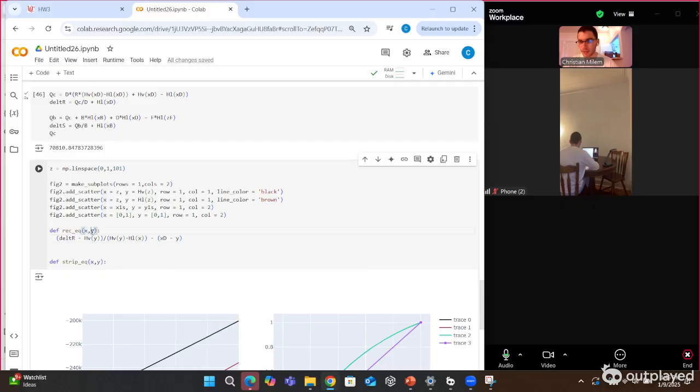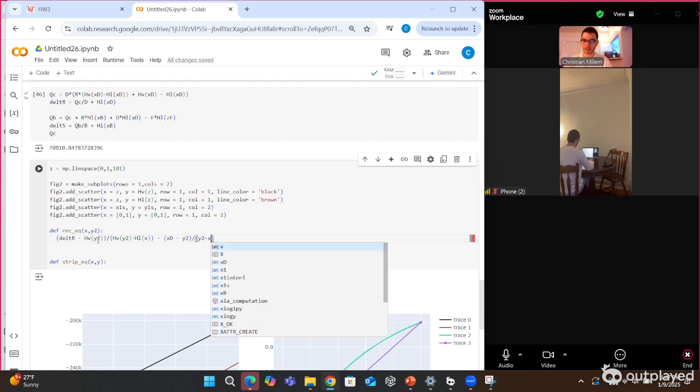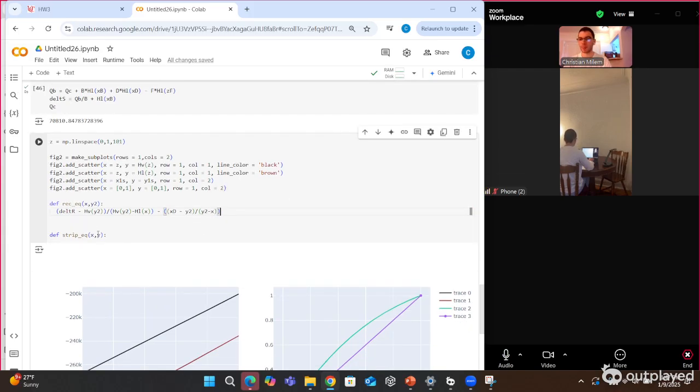We'll call it x and... No, we'll just leave it at x. Okay, we'll call this y2 because it's y from stage n+1, which is the stage below, divided by y2 minus x. Now at equilibrium, these should equal 0.